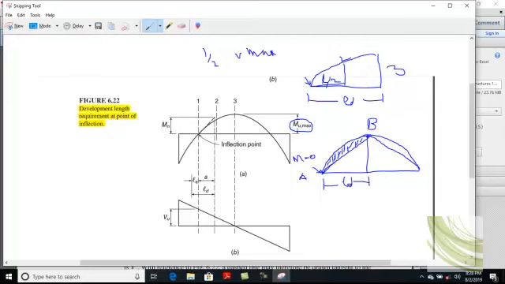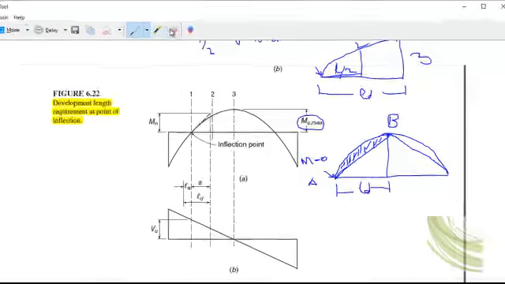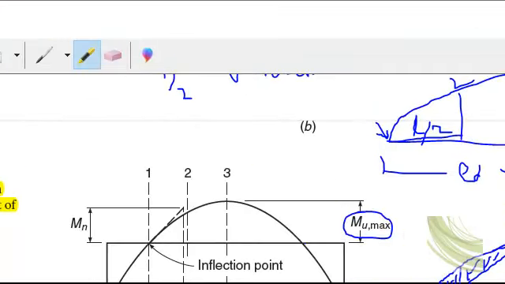So your beam moment carrying capacity is not enough to support this extra moment. You see this area, clear? This area is outside the moment strength area.